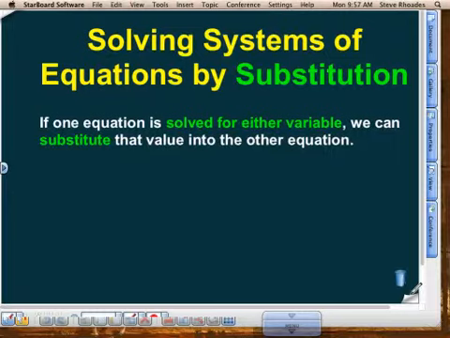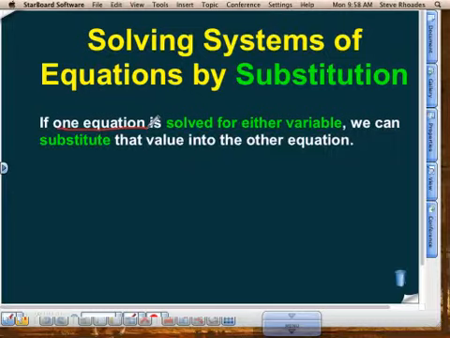The very first thing we do is look at the two equations. If we can see one of those equations is already solved for a variable, that's the key to know that we use substitution here. We can substitute that value into the other equation.